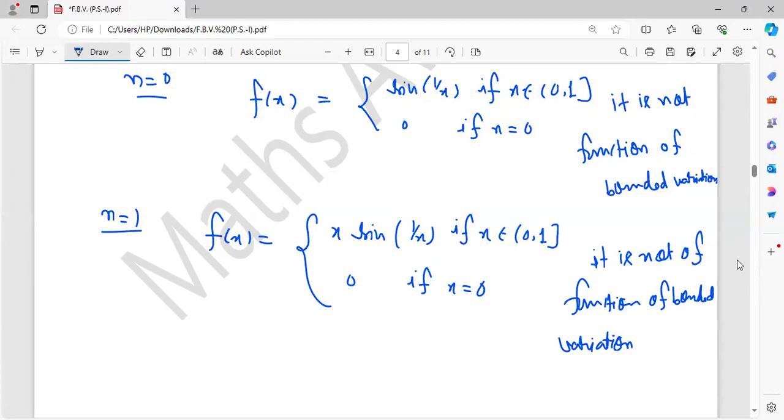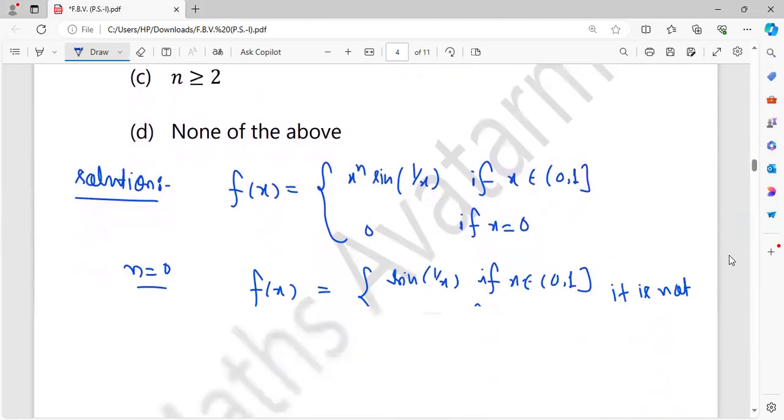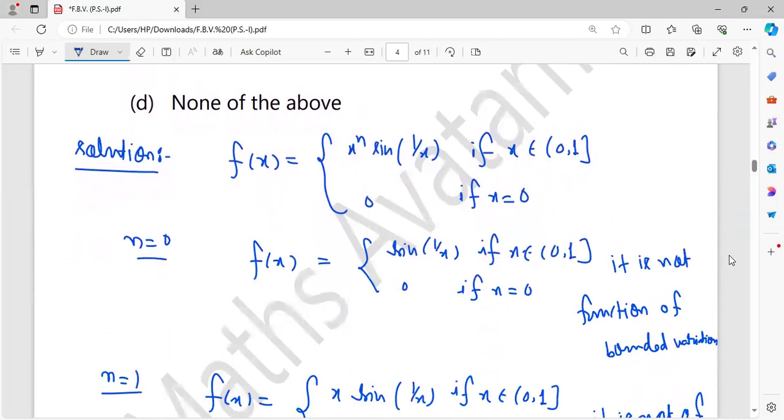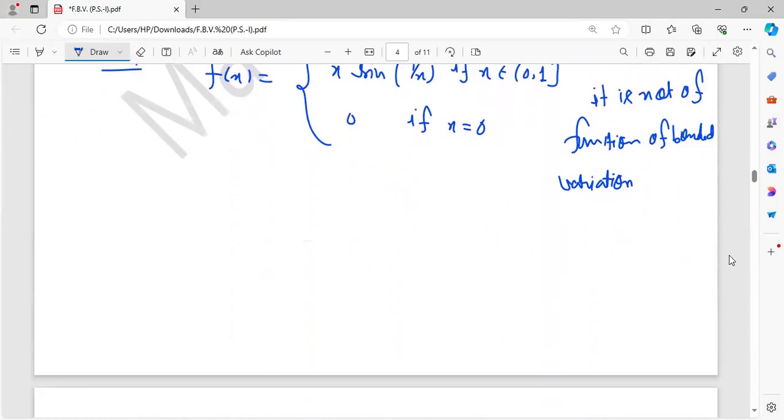Or another way: we have done one example where in place of 1 there was pi. So either it is pi or some constant, it will not affect anything. Such types of functions are not of bounded variation. So the first option is also not correct. N equal to 1, you can check by the same partition as in the second question.